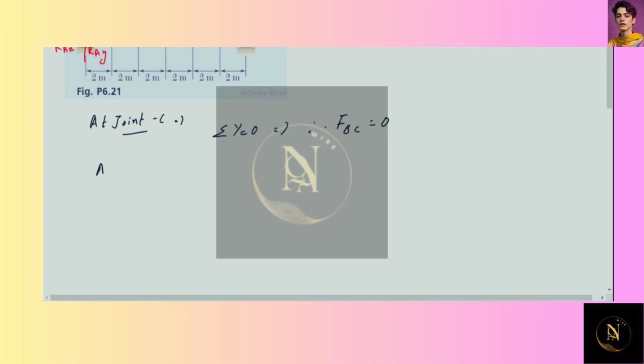And at joint J, the summation along x equal to 0 gives you FIJ equal to 0.